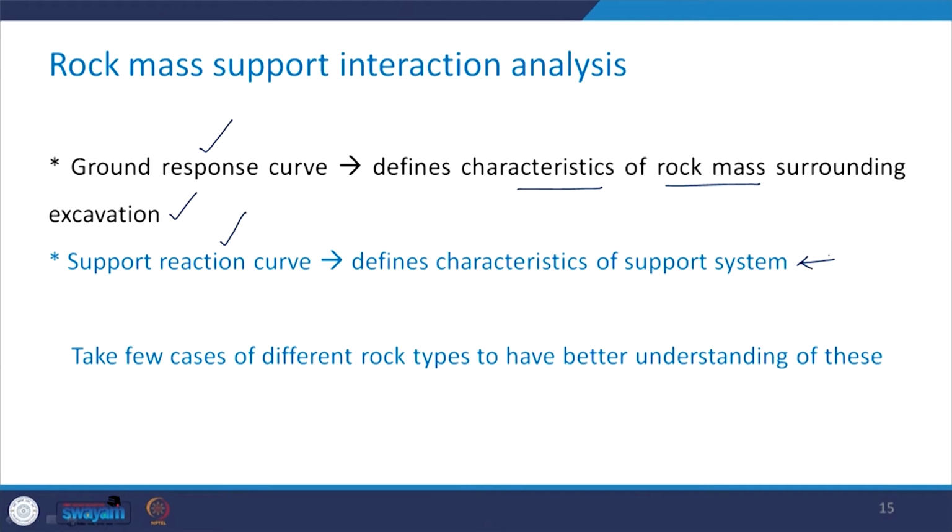Now, in order to understand these two curves in a better manner, we will take few simple cases of different rock types. So, first I will discuss with you the two-dimensional situation, and then we will go to three-dimensional situation.